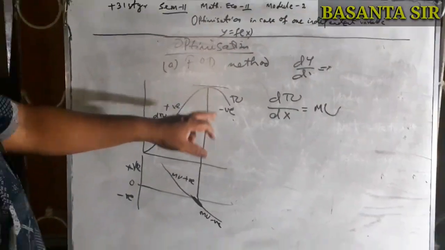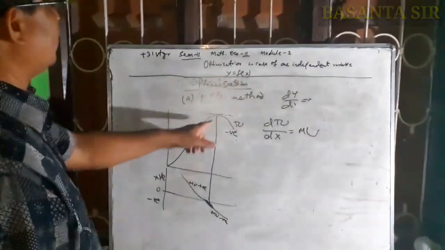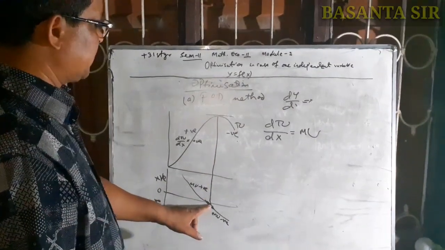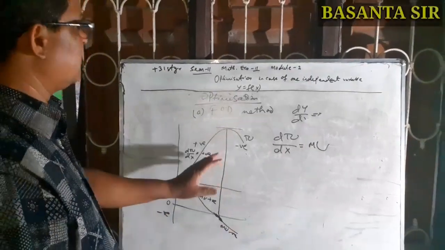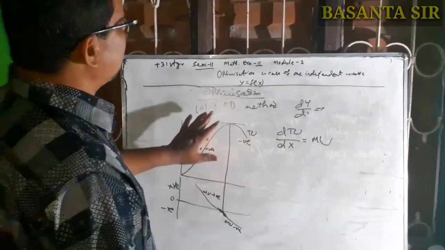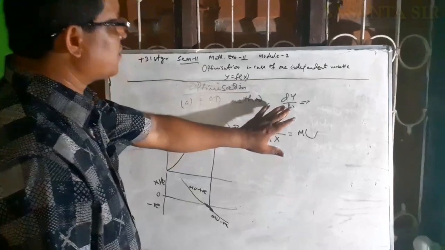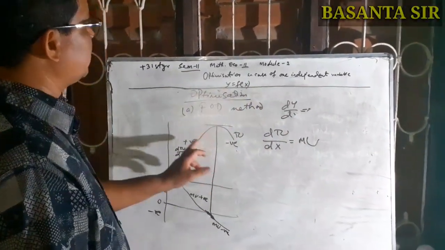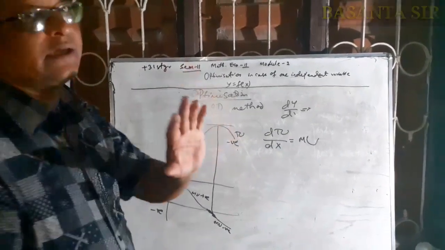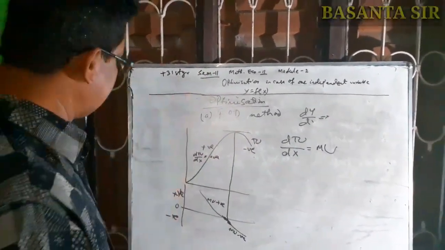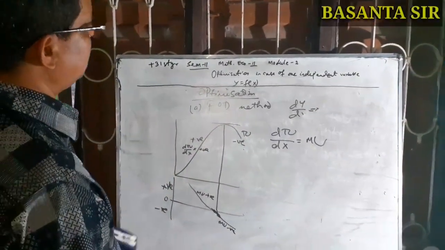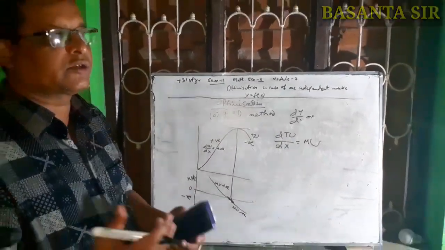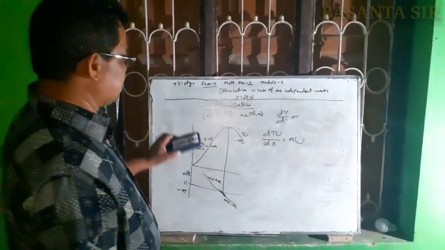So we find that this is the maximum point of total utility when the marginal utility is 0. We know it from economic theory. However, we use the first order derivative method in economics to know how total utility is giving maximum value. Like that, we will also explain the minimum cases.